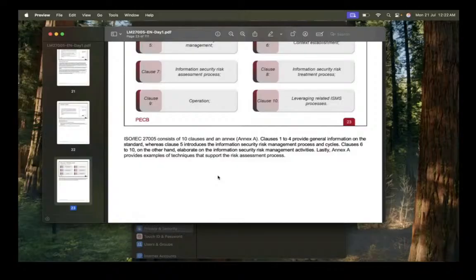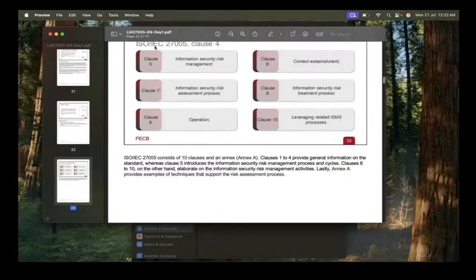As I told you, it consists of 10 clauses and one annexure. In coming sessions, I will discuss the annexure with you as well. If you can see here, we have only clause 5 to clause 10.